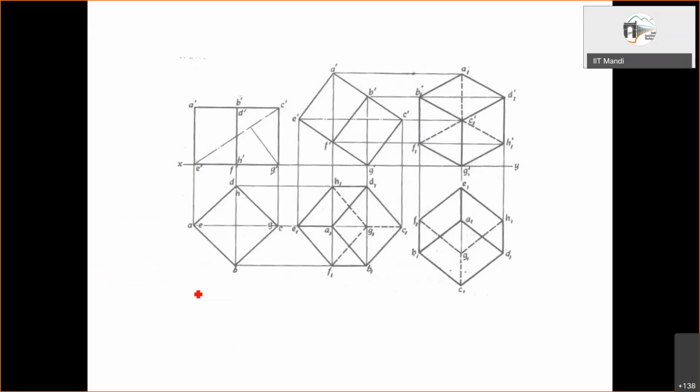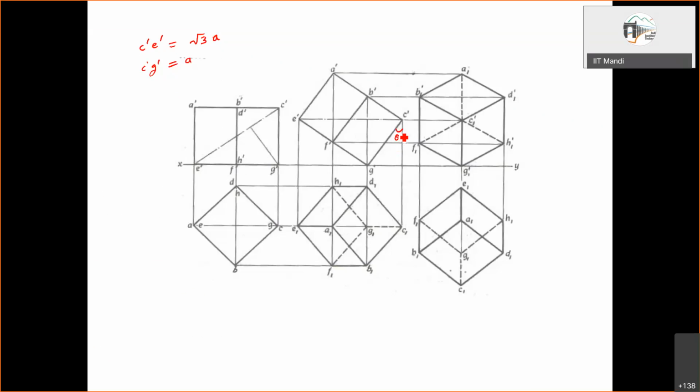So this C dash E dash here will be root 3 a, considering that C dash G dash is a. From this we can obtain how much reduction will occur. Say I consider this angle as theta.